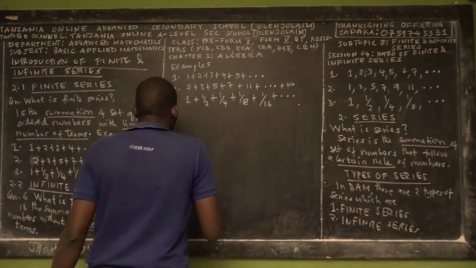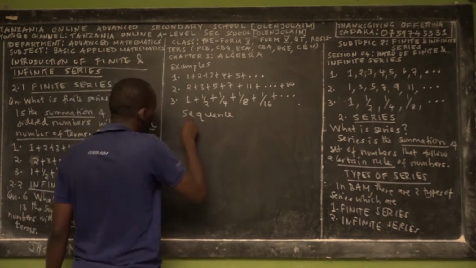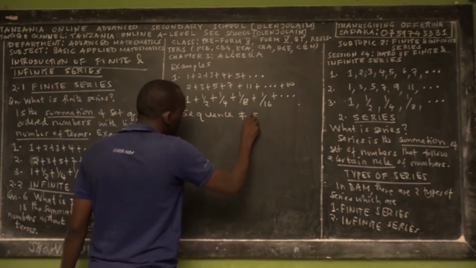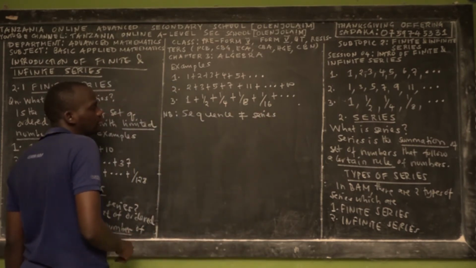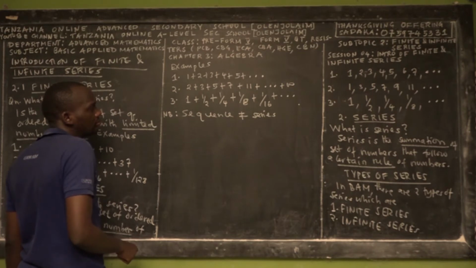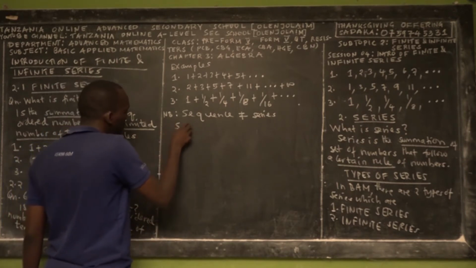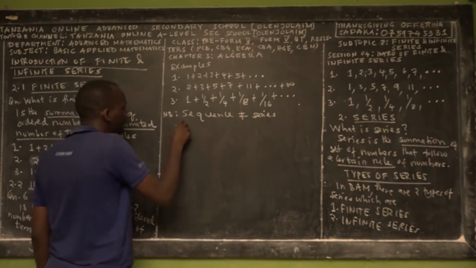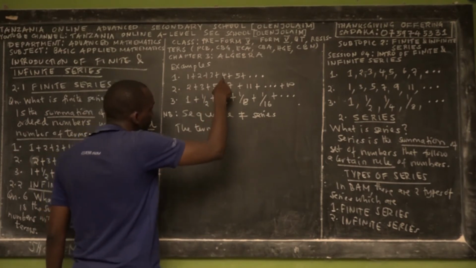So remember that a sequence is not a series. Why? We call these terms first term, second term, third term, fourth term, fifth term.